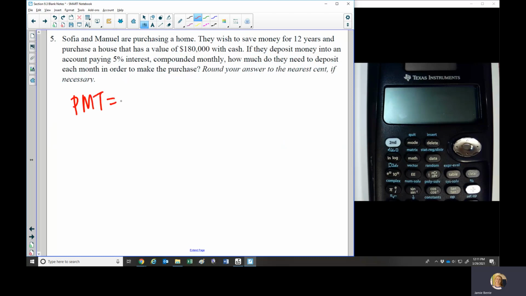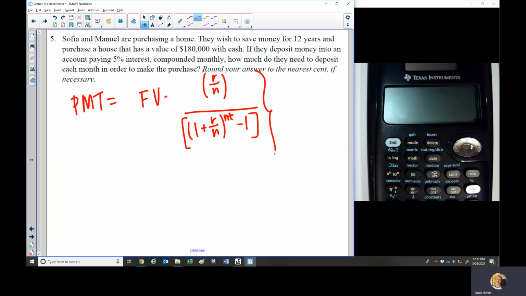All right, so we're going to write down our formula. PMT, payment, equals future value, that future goal amount, times R over N divided by, big bracket, 1 plus R over N raised to the NT minus 1. In our example, the future value, their goal amount, is $180,000.